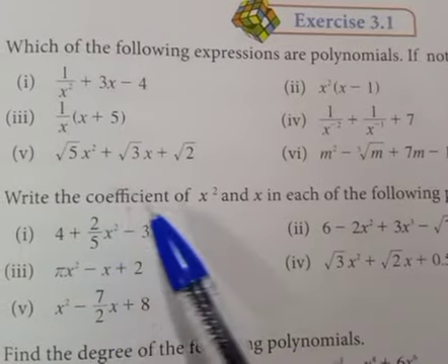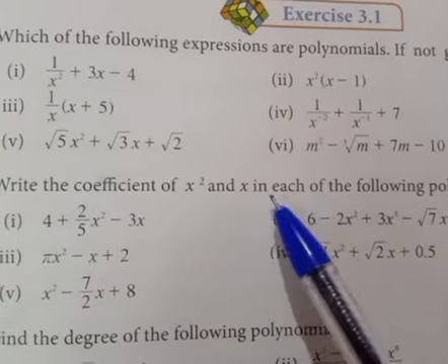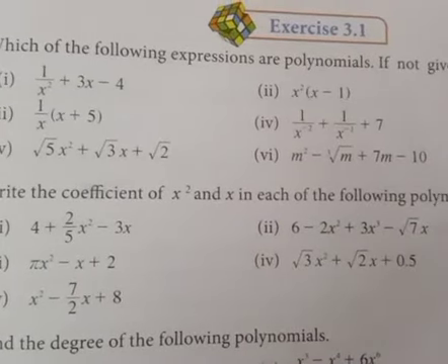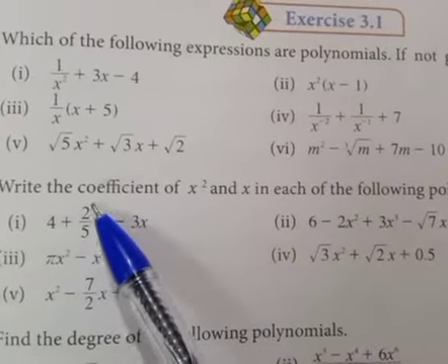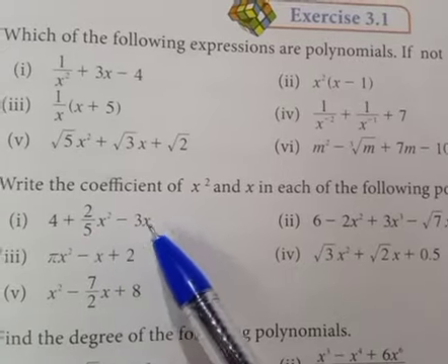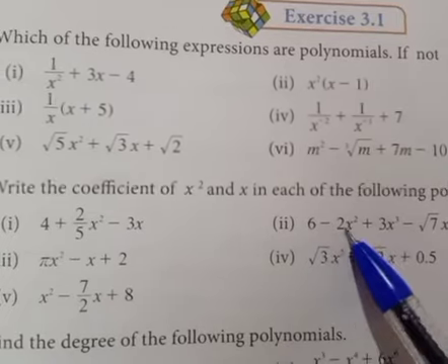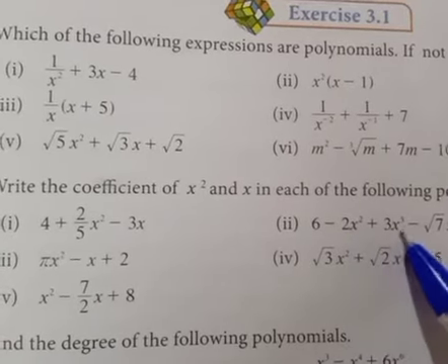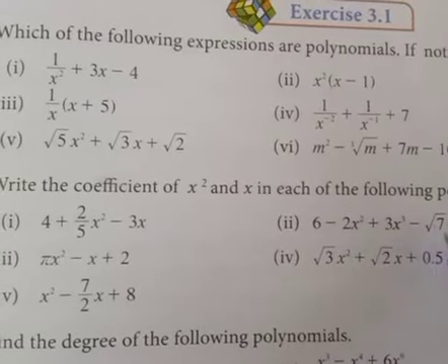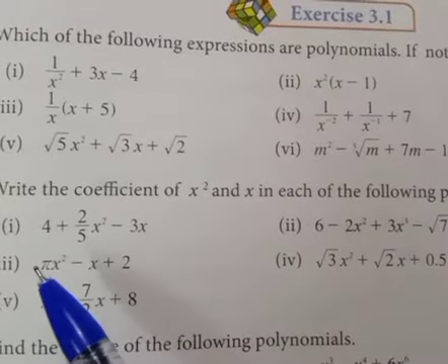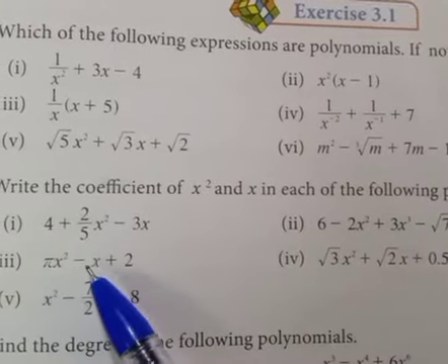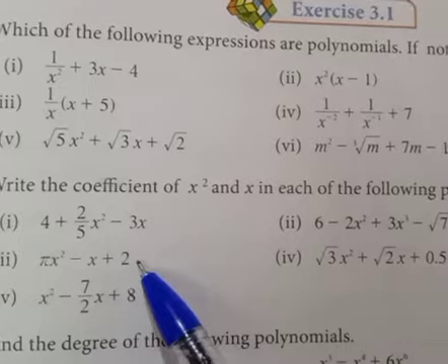Listen students, write the coefficient of x square and x in each of the following polynomials. First one, 4 plus 2 by 5 x square minus 3x. Second problem, 6 minus 2x square plus 3x cube minus root 7x. Third problem, pi x square minus x plus 2.